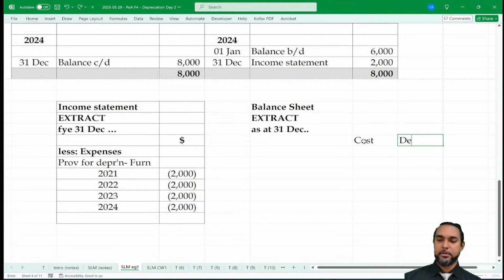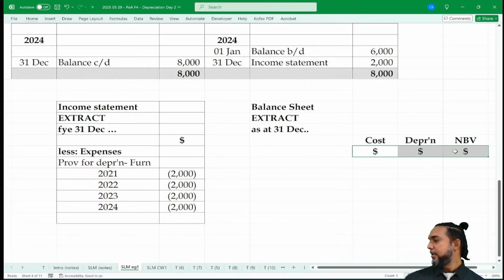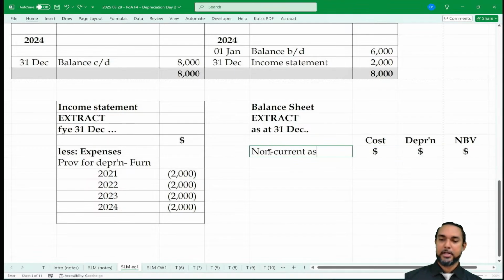The cost, the depreciation, or normally you'll put either accumulated depreciation or provision for depreciation, but I just put that because I don't have much space, right? And then the last one is the NBV, which stands for net book value. The net book value is simply the cost of the asset minus the depreciation, right? So we're going to head up non-current assets, and in this case it's only furniture, right?